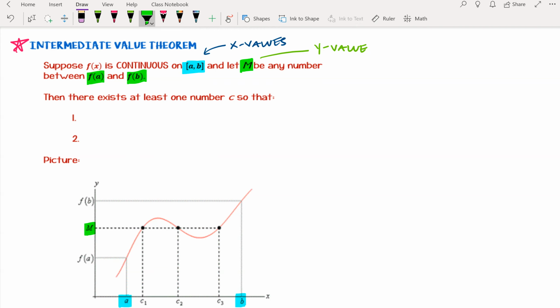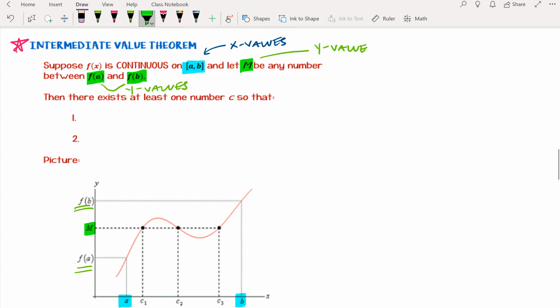Okay, a is an x value, right? b is an x value. When you plug the x values into the f function, you get y values. So these are y values. And you can see them here, f of a on your graph and f of b. Y values. Okay, cool.